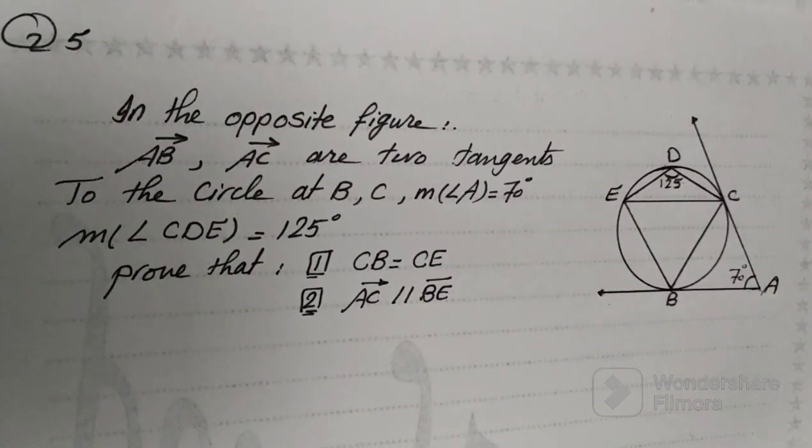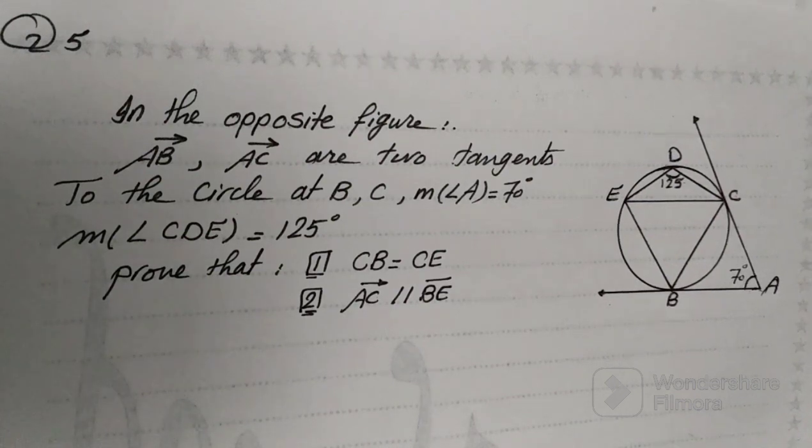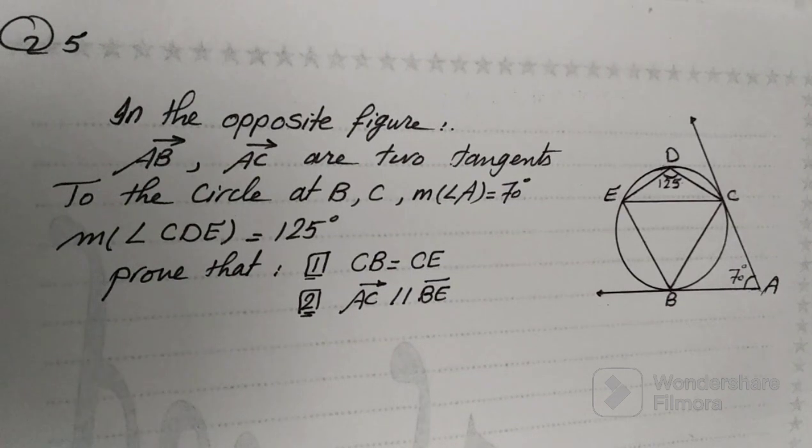Question 5. In the opposite figure, ray AB and ray AC are two tangents to the circle at B and C. The measure of angle A equals 70. The measure of angle CDE equals 125. Prove that CB equals CE. Okay. Since AC and AB are two tangents drawn from a point outside the circle, they are equal in length.